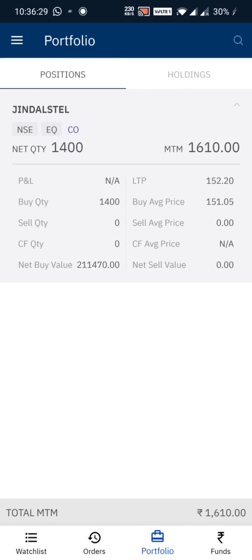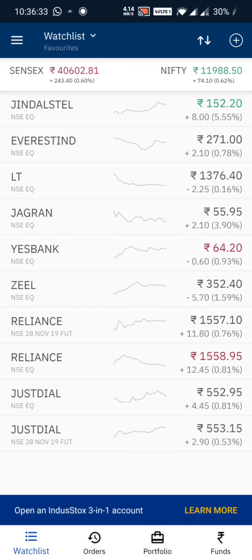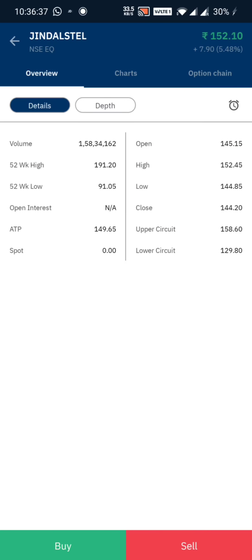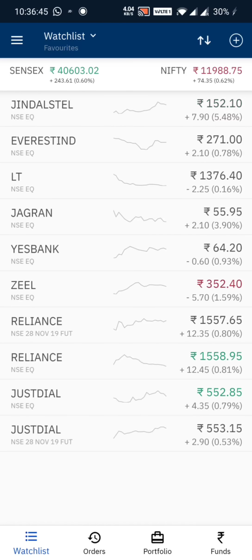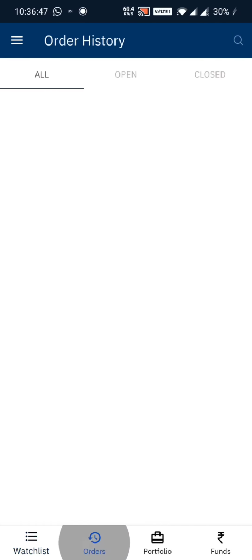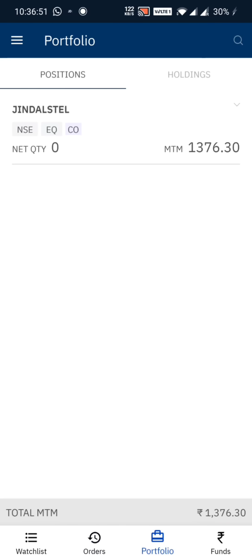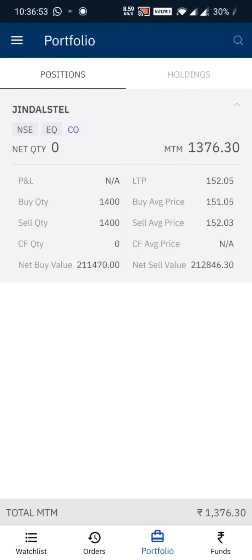Finally, as we planned, it went up to 152.20. So overall, let's see till where it went. It has gone up to 152.45, as planned, like the approximate calculations which we did. So it took a small dip down and then it went up. Anyways, let's exit it. 1376 profit.